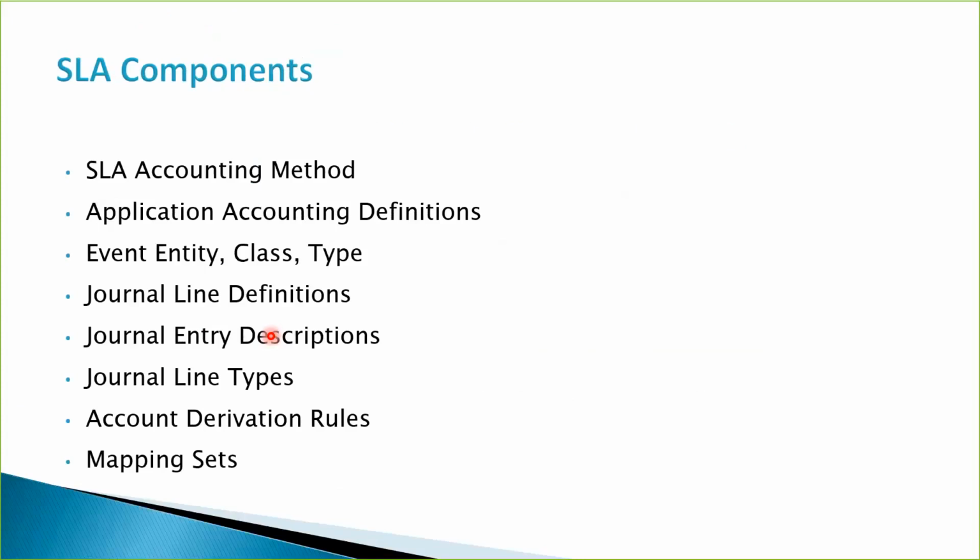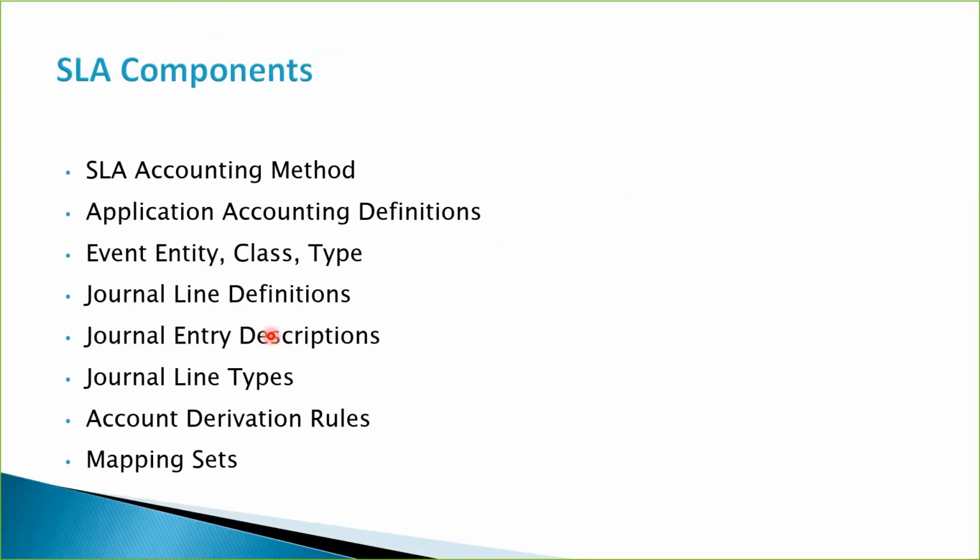The other thing we need to remember is that for each event type, a journal entry is created. Using an example, when you validate an invoice and create accounting, a journal entry is created. One journal is created.